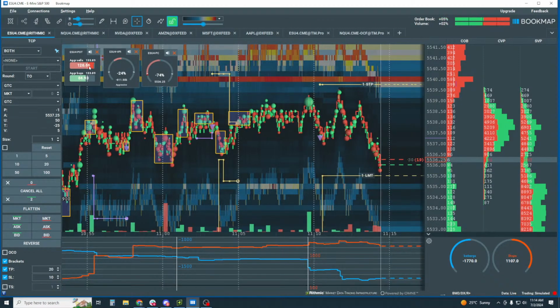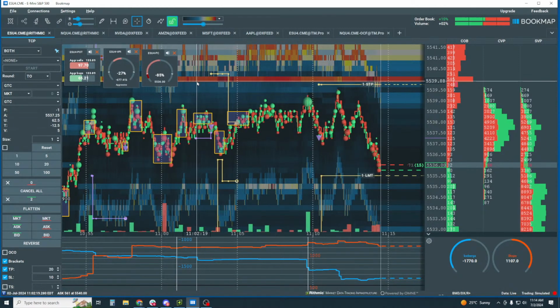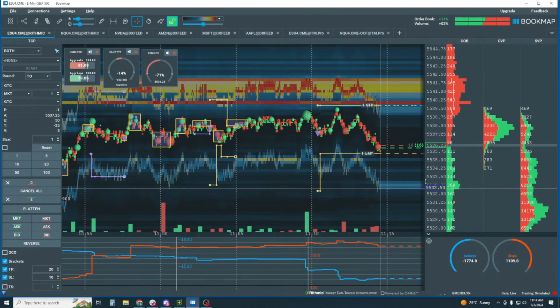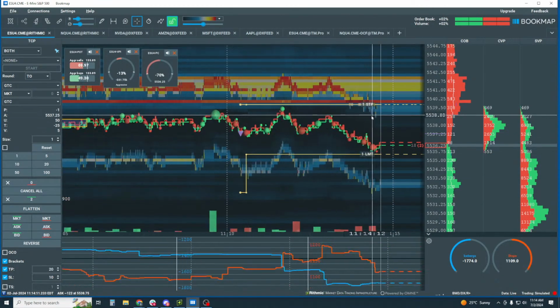Yeah, the pace of tape really picking up here. Price change picking up. Okay, European close coming up, guys, as well here pretty soon. So maybe some traders are starting to sell off here.